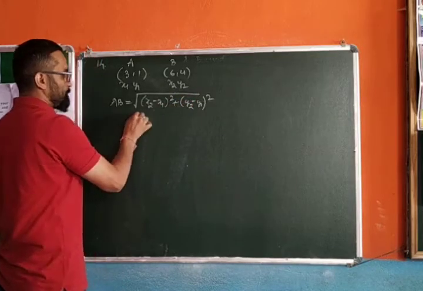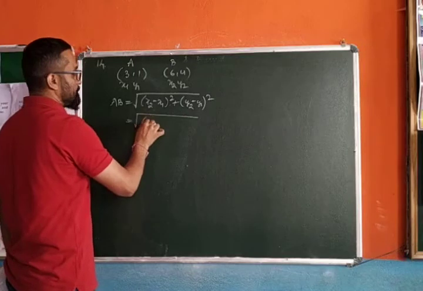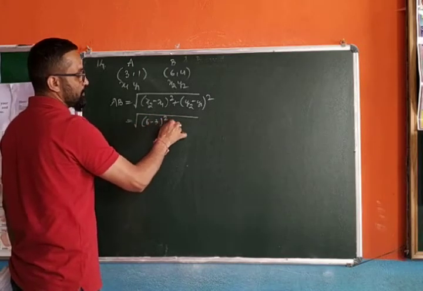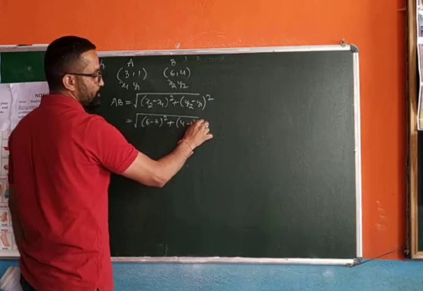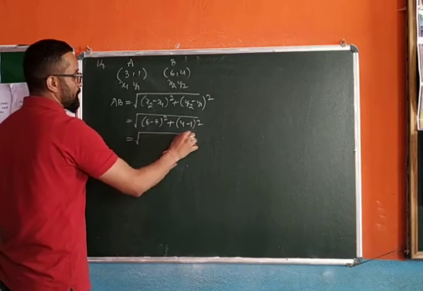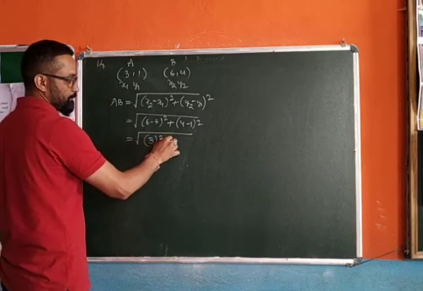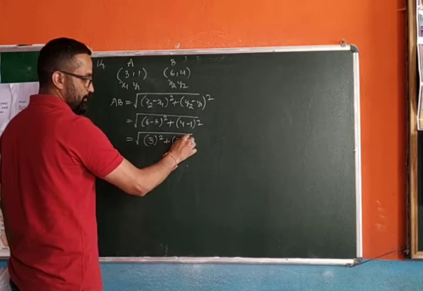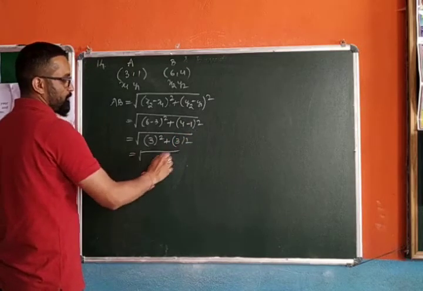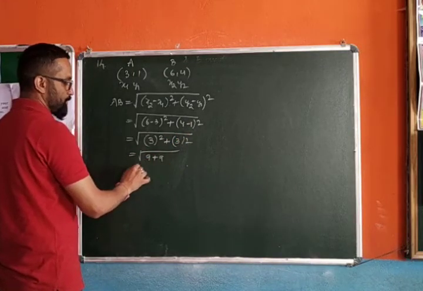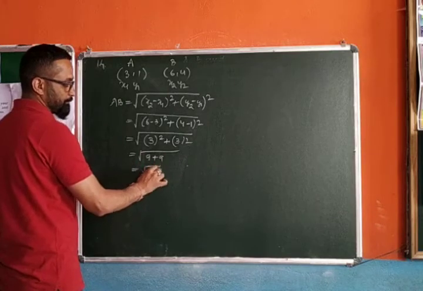Substitute the values. It is 6 minus 3 whole square plus 4 minus 1 whole square. We get 3 whole square plus 3 whole square. Root, we get 9 plus 9, which is equals to root 18.